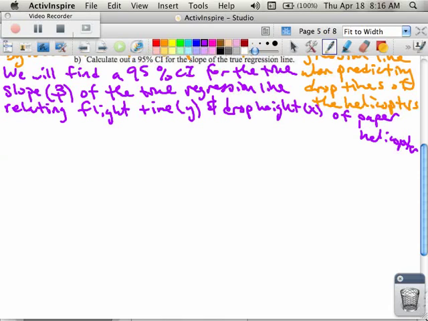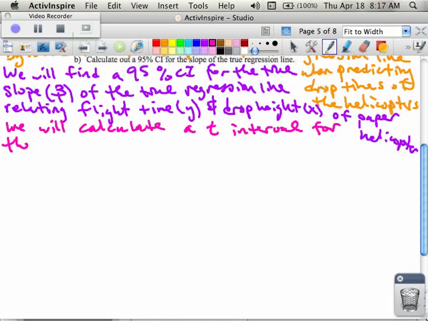The next part is we would say something about what we're going to do. So that's the statement, and then the planning part is we will calculate a t interval for the true slope beta.